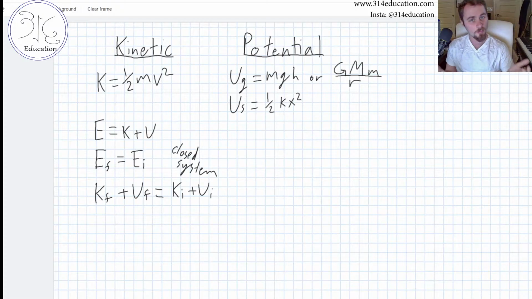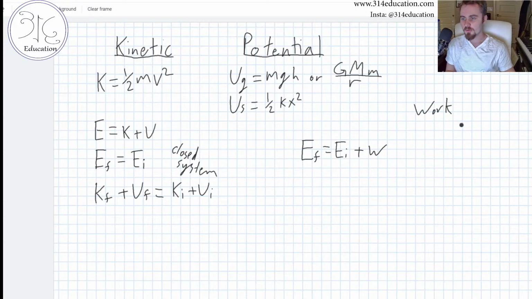But for an open system, we have influences from the outside. And our conservation of energy takes a slight turn, not a big twist, but we expect our final energy to equal our initial energy like before, but now we're going to add a plus W term. Now this W is going to be work.